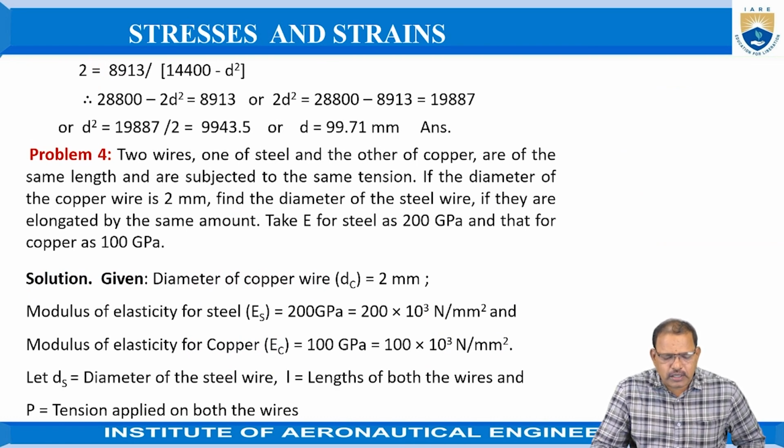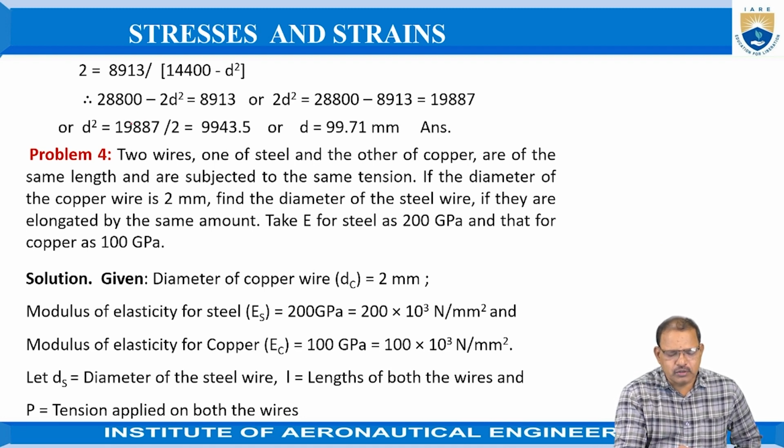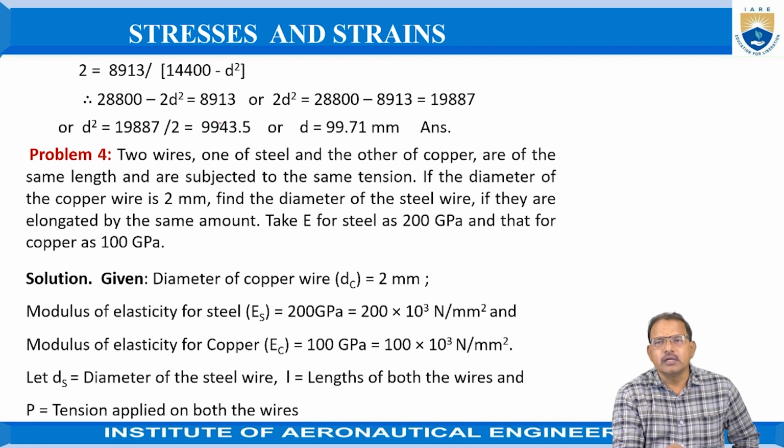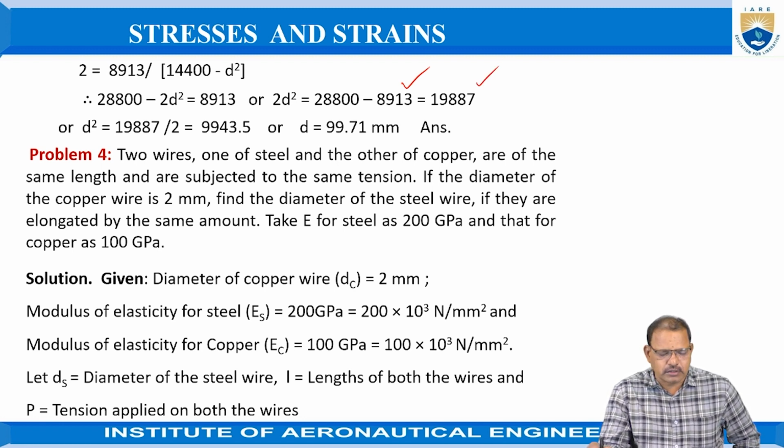And on simplification we got 2 is equal to 8913 divided by 14,400 minus d square. So on cross multiplication we got 28,800 minus 2d square is equal to 8,913, or 2d square is equal to 28,800 minus 8,913, finally we got 19,887.